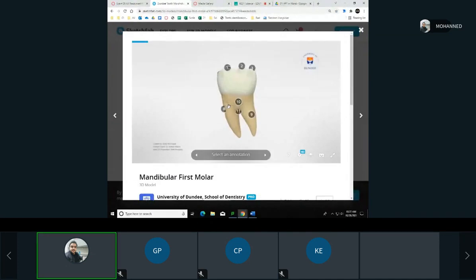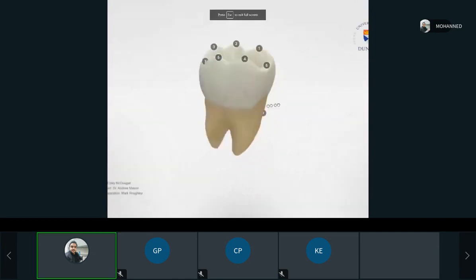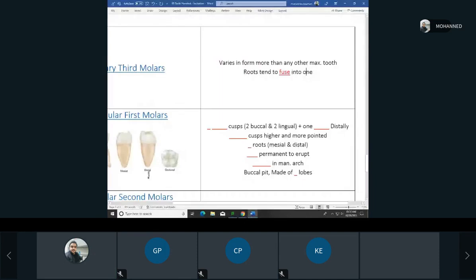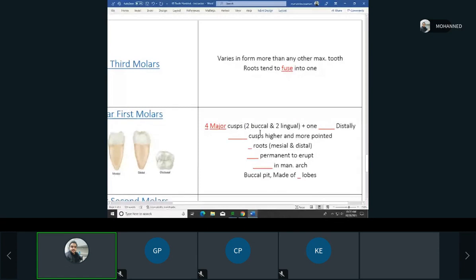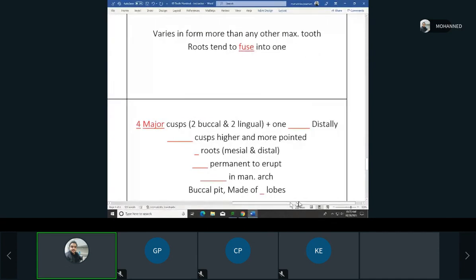Two roots, largest. I guess we talked about this. We know about the cusps, 2 roots, easy to distinguish. So it has 4 major cusps, buccal and lingual, plus 1 minor cusp that is distal.